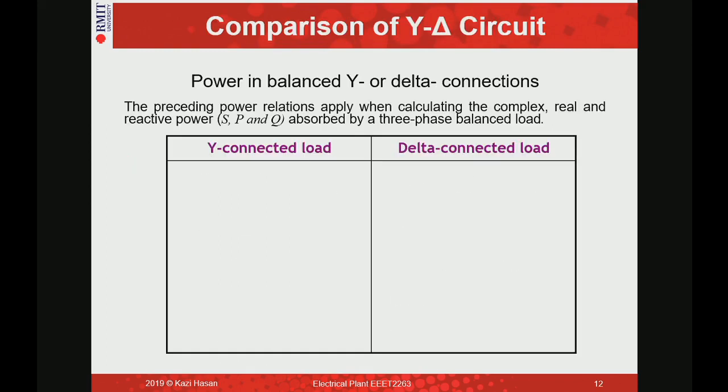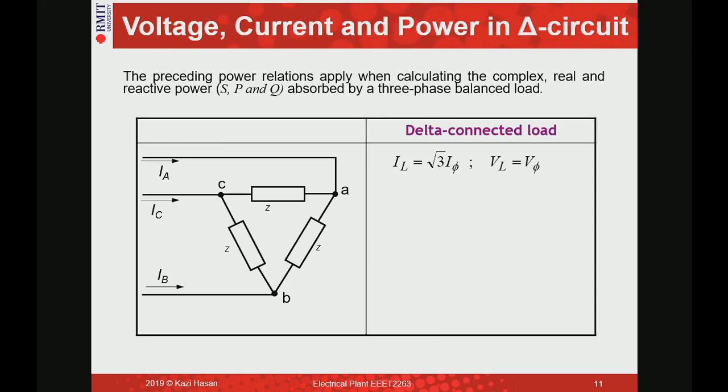That's why I am spending much time going through this again and again. Just imagine a delta connected circuit. The voltage across a phase is the same as the voltage drop between A and B. So in delta connected circuits, phase voltage is the same as line voltage. They are no different.